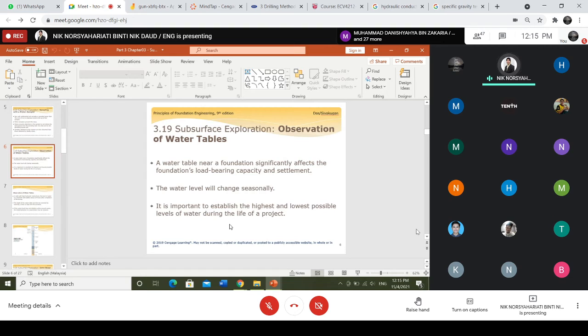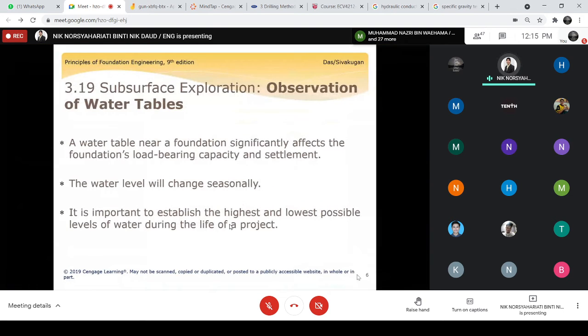But at the end of it, the most important part is the water table, if it's possible, in terms of its existence at the site. So you need to prepare for the water table assessment or observation. We call it the observation of the water tables by using a piezometer, right?